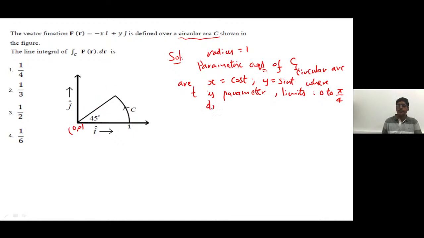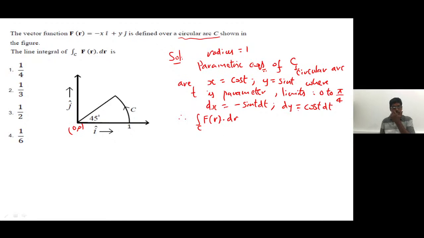Now dx is equal to the derivative of cos t, minus sin t dt, and dy, the derivative of sin t is with respect to cos, so cos t dt. Therefore the integral over C of f of r dot dr, r is the thick letter, that is f bar dot dr bar. You know that dr means dx i cap plus dy j cap.